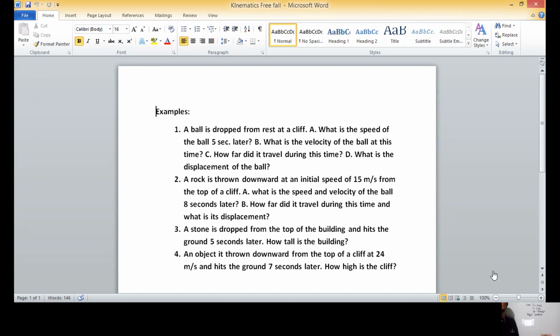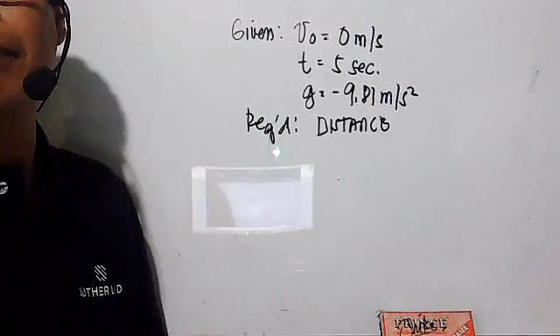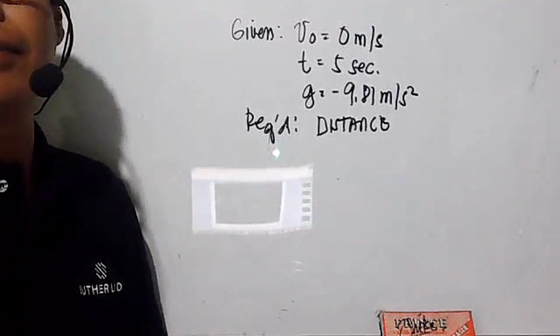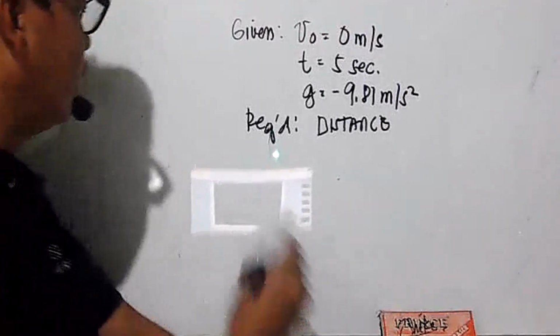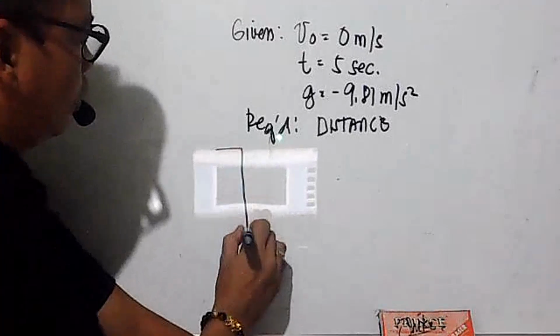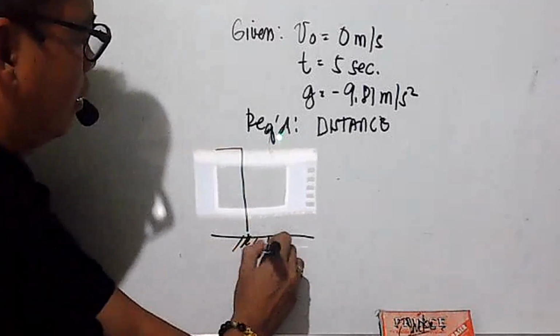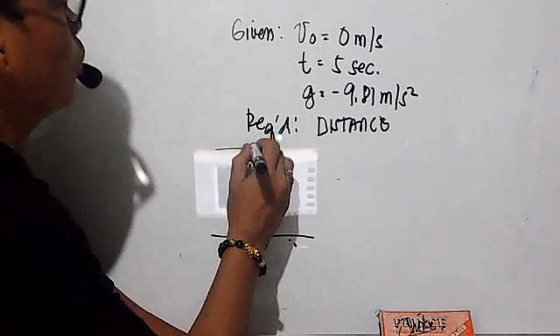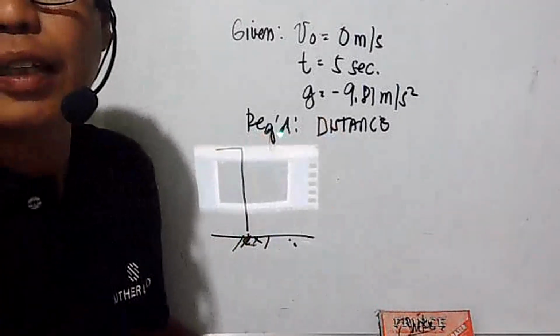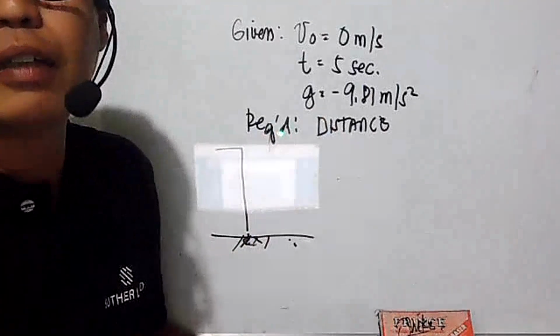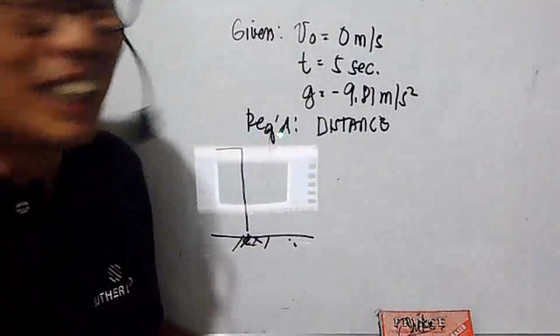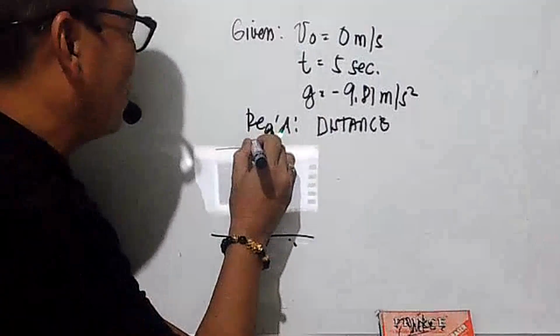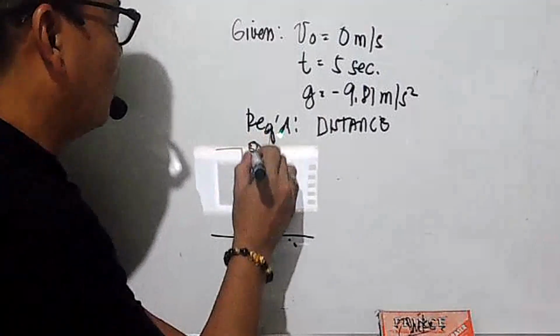Okay, so let's say this is your building, this is the ground. The stone was dropped, so you just let go of this stone.